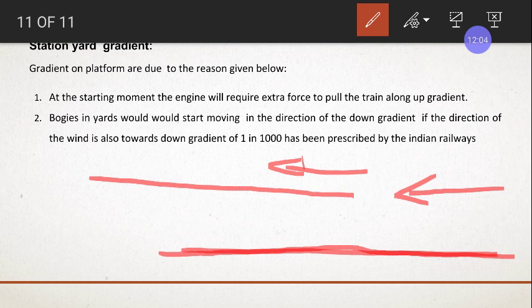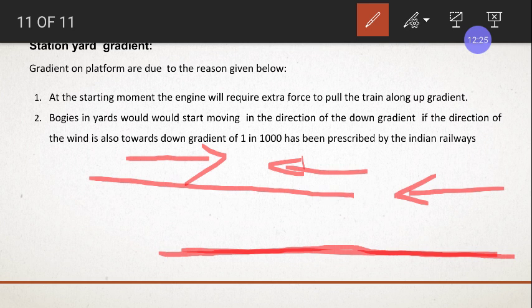When you want to start the engine and move forward, this sloping gradient will help you to give inertia, right? As you release the brake and the train starts moving slowly, that slow movement will help to take the engine forward. That will give you inertia force, right?